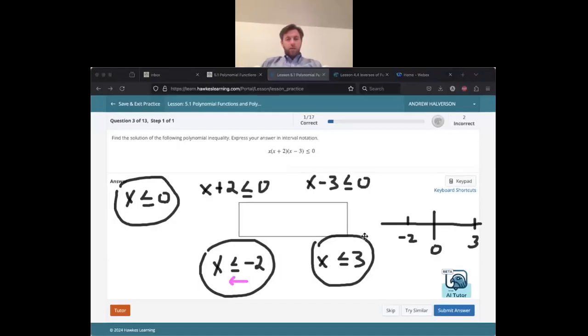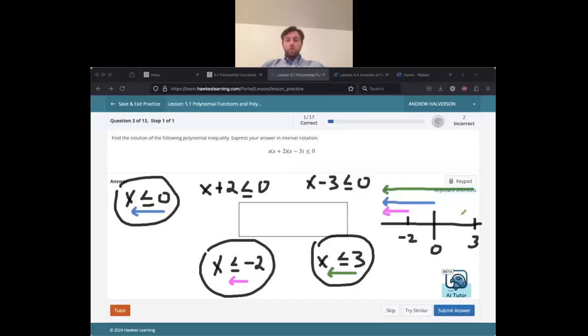This one says I want all values to the left of -2. This one says I want all values to the left of 0. And this one says I want all values to the left of 3. Is there one of these intervals that captures all of them? In other words, do we need 3 separate intervals, or does one interval work?